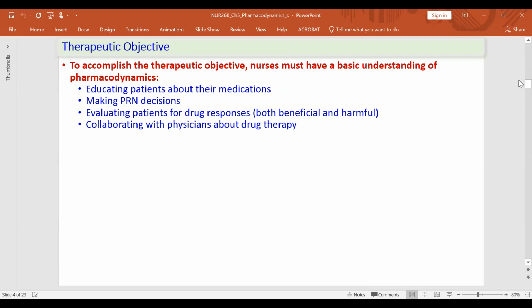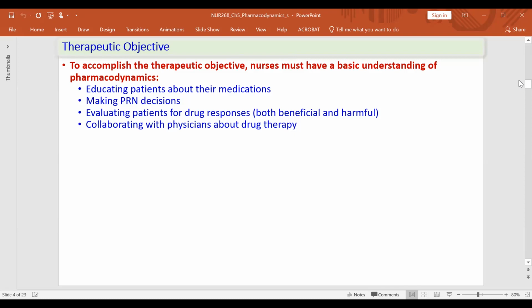So at least at this level, we have to ascertain that we have a basic understanding of pharmacodynamics: what it is, what the components of this type of study are, how the drug affects our body, and what the interpatient variabilities in drug responses are as we discuss the different medications thereafter.